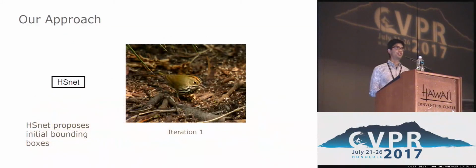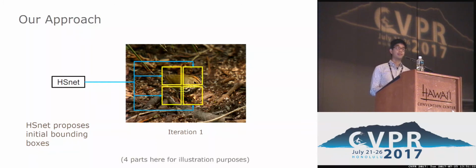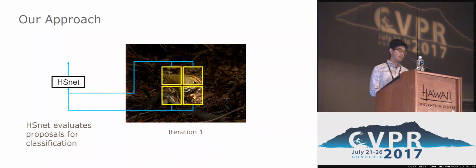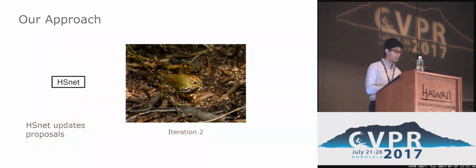So we have a little animation here of our approach at a high level. HSnet first proposes some initial bounding boxes, and here for illustrative purposes, we show 4. And then HSnet evaluates these bounding box proposals for classification, so it predicts fox sparrow. We see here that we're only using information inside the bounding boxes, not the features from outside them.